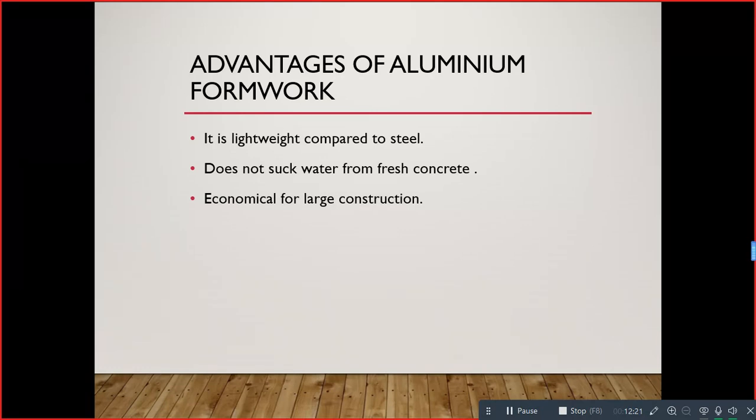So the water contained in the fresh concrete is still there, it does not allow the water contained in the wet concrete to get lost. Then it is economical for large construction. So when you have a very big project, you can use aluminium formwork.